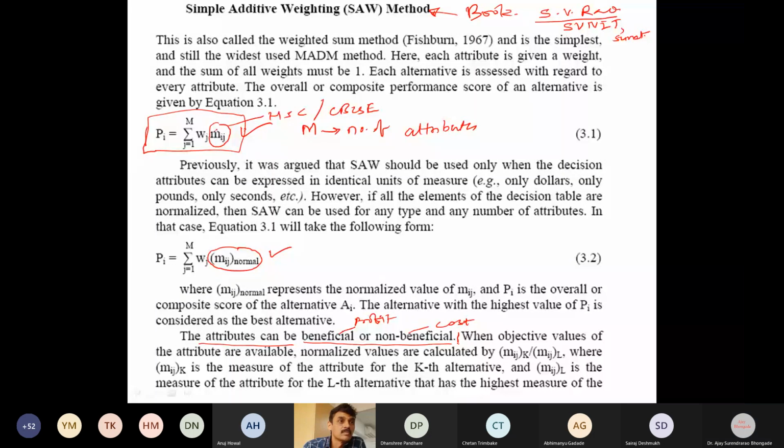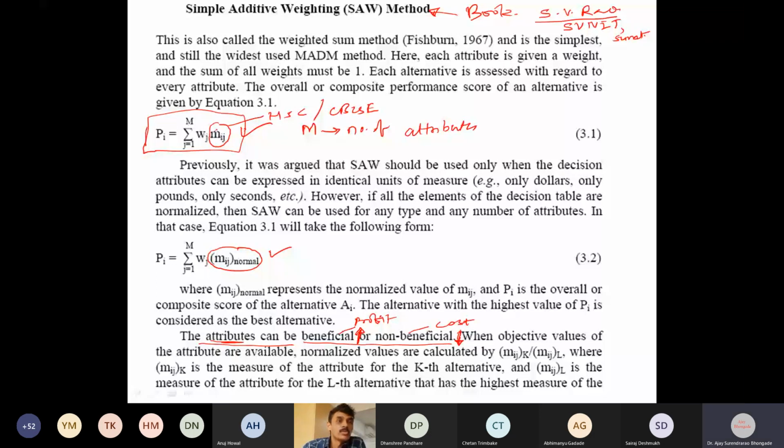Beneficial attributes are those we need to maximize, and non-beneficial attributes are those we try to reduce, where lower is always preferred. In this case, the higher value is always preferred.